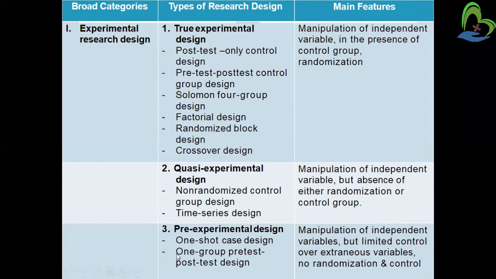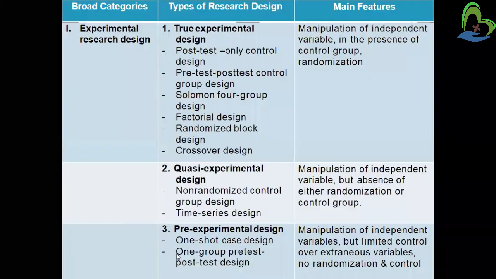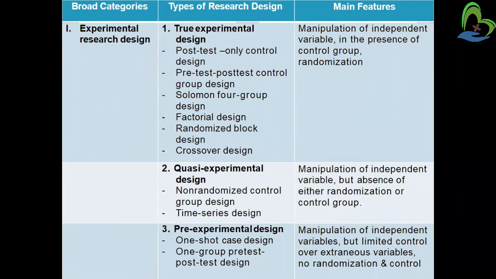First, the post-test only control design. Here we have two randomly assigned groups, that is, the experimental and control groups. In every study we will have these two groups, and we can understand which group is given the implementation of the treatment.